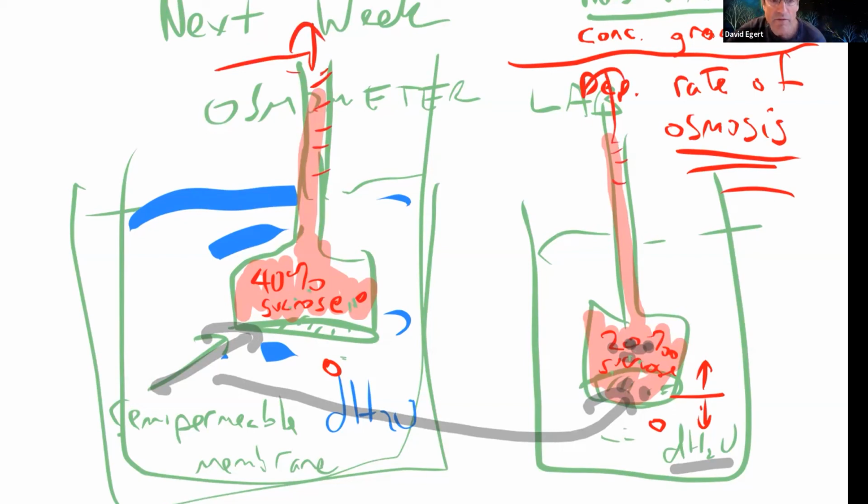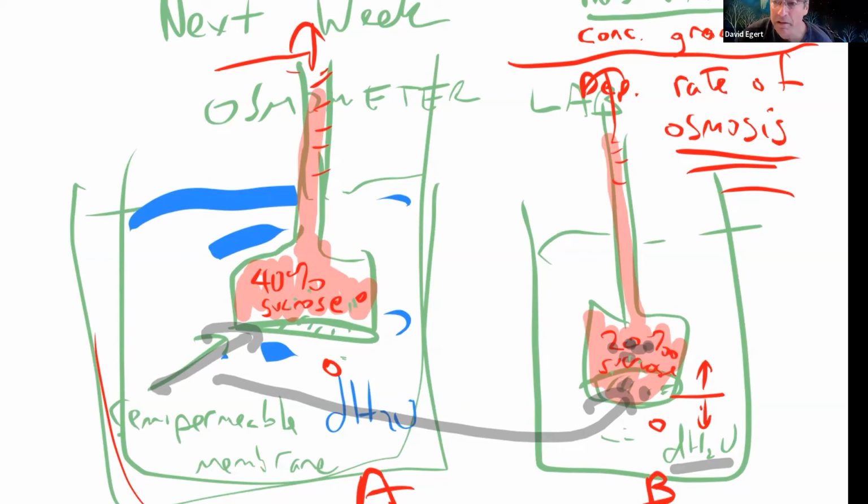Which of these setups do you think is going to have a higher rate of osmosis, A or B? A. And why? Steeper concentration gradient.